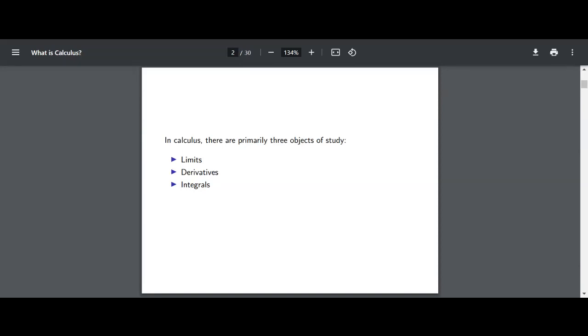We're going to be talking about limits today and tomorrow. And then after limits, you're going to learn about derivatives next in your calculus course. And then finally, you're going to learn about integrals. And so I want to try to introduce what these 3 objects are.